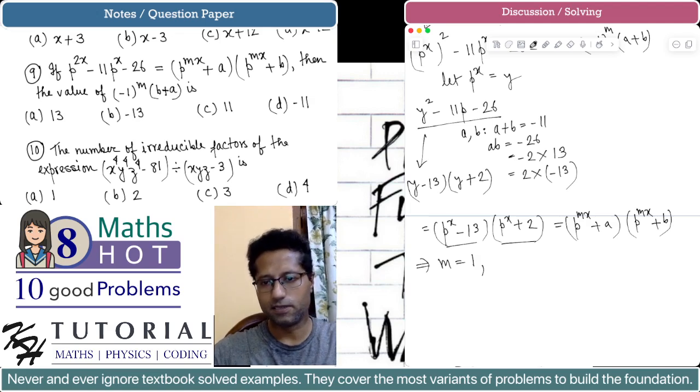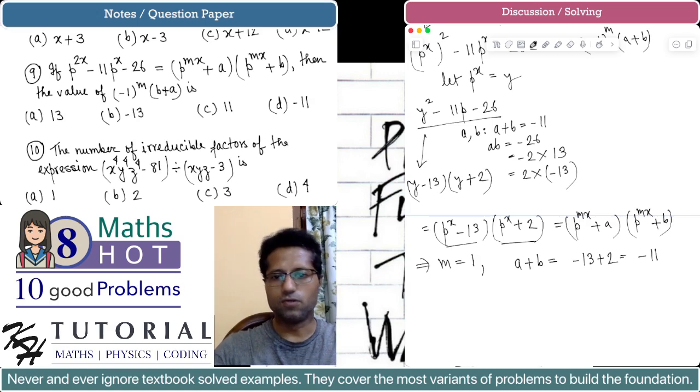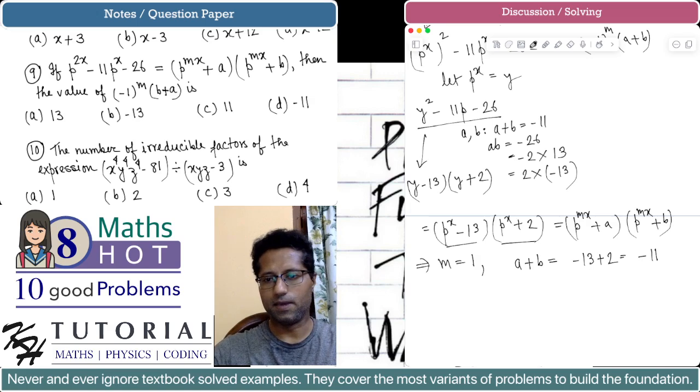So definitely we can say that a plus b has to be equal to minus 13 plus 2, which is equal to minus 11. So we got m equals 1 and a plus b equals minus 11. We are asked to find the value of minus 1 to the power m multiplied by a plus b.